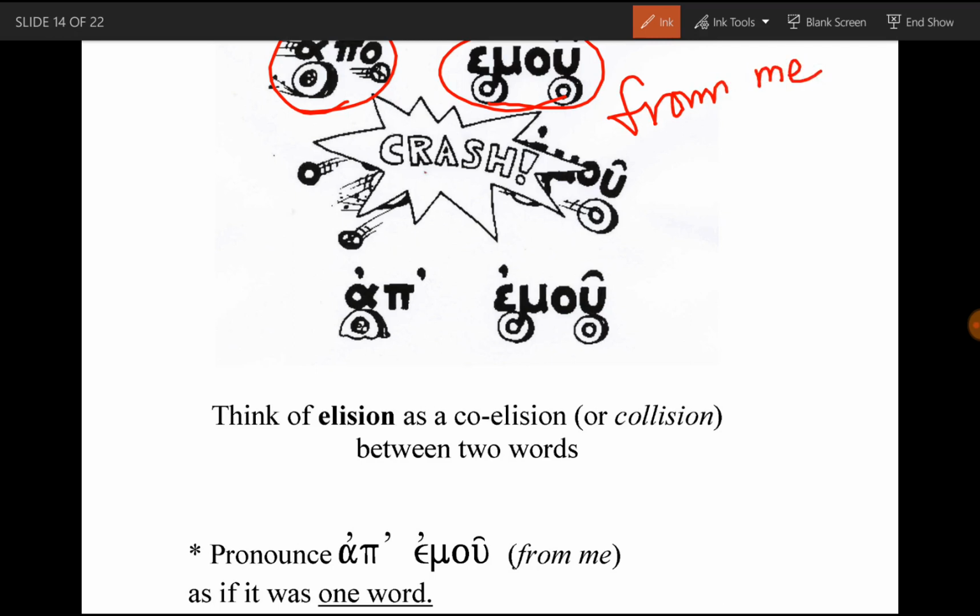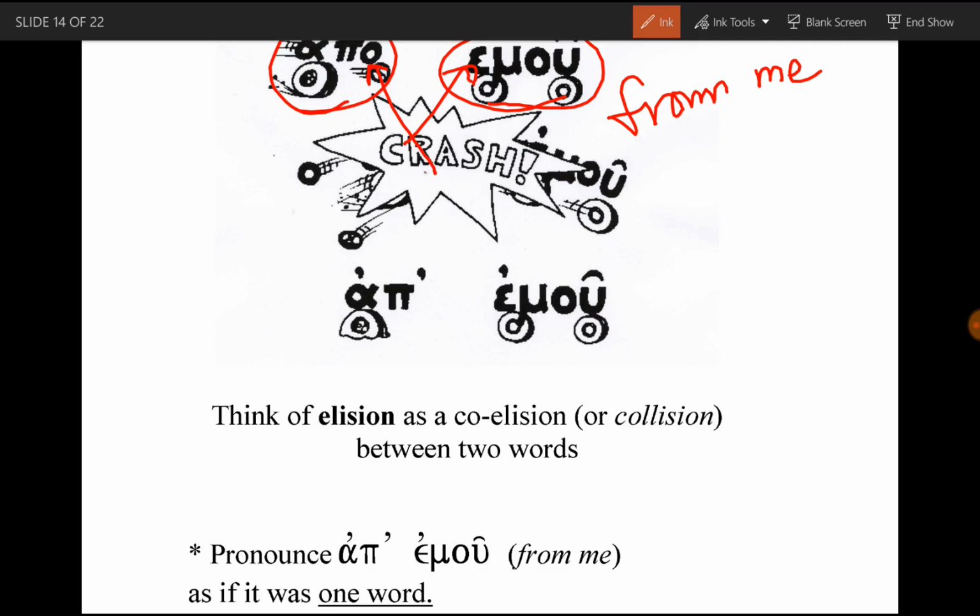But often what happens is that if we have two short vowels, so here's a short vowel, the omicron, and here's a short vowel, the epsilon. When two short vowels come next to each other, often Greek contracts the words together so that they're easier to pronounce. So the process of elision often happens in order to allow for an easier pronunciation of words.